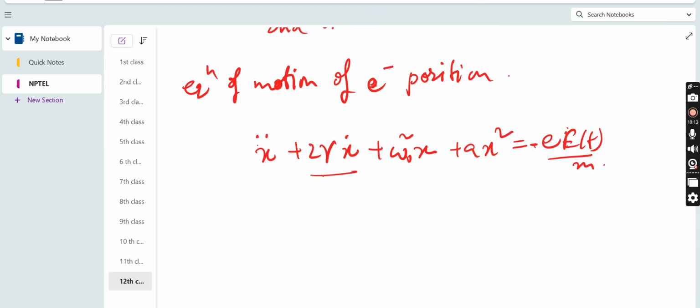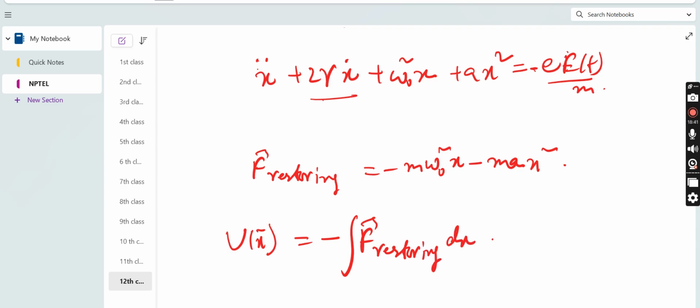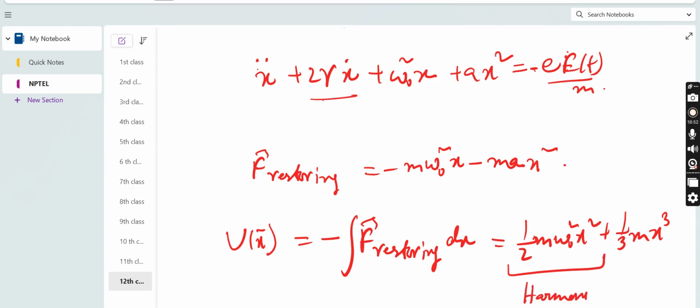The gamma is related to the damping force, and the restoring force is minus m omega naught squared x minus m a x squared. So the potential became minus the integral of the restoring force dx, which is half of m omega naught squared x squared plus 1 by 3 m a x cubed. So this corresponds to the anharmonic oscillator.